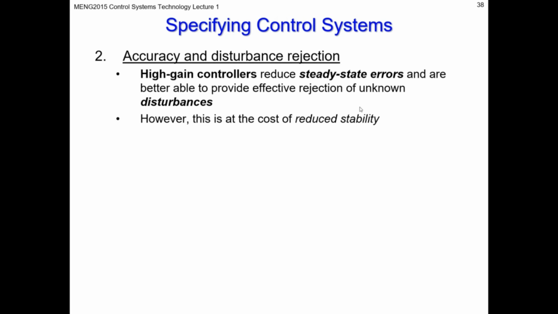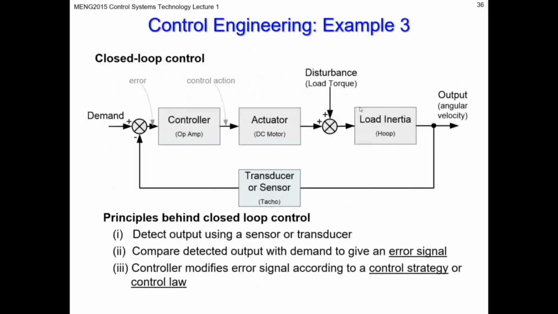So the larger the gain, or the multiplying effect of the controller on the error, the less error you're going to get at your output. But there's a trade-off, because the bigger the gain of your controller, the multiplying effect, the less stable the system will become.